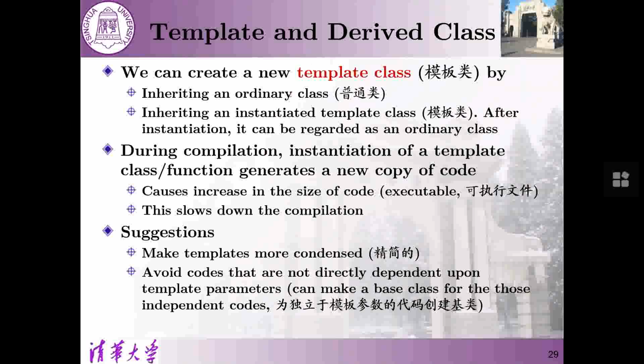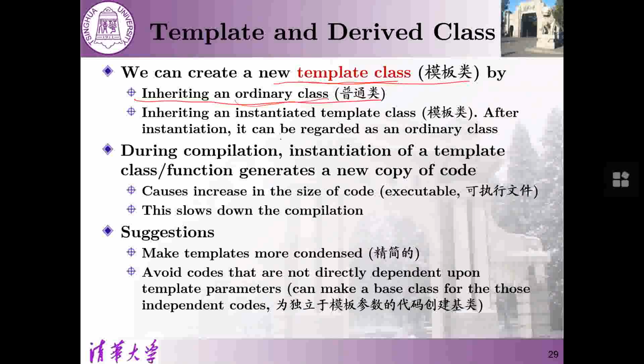There's something to note with template and derived class. We can create a new template class by inheriting an ordinary class. So this is another way, right? We have mentioned that we can define a template subclass of a template class, right? We can also define a template subclass of an ordinary class.